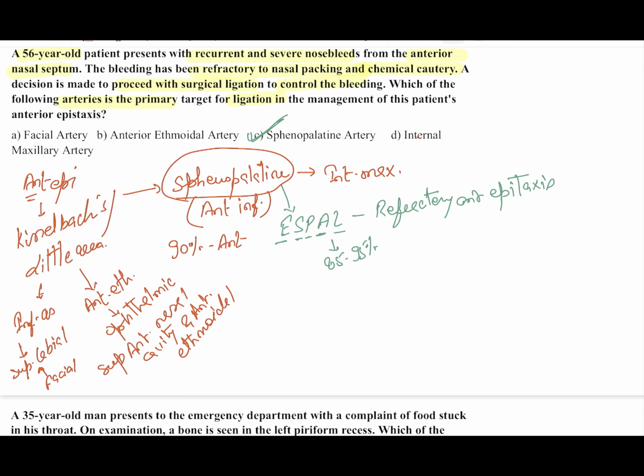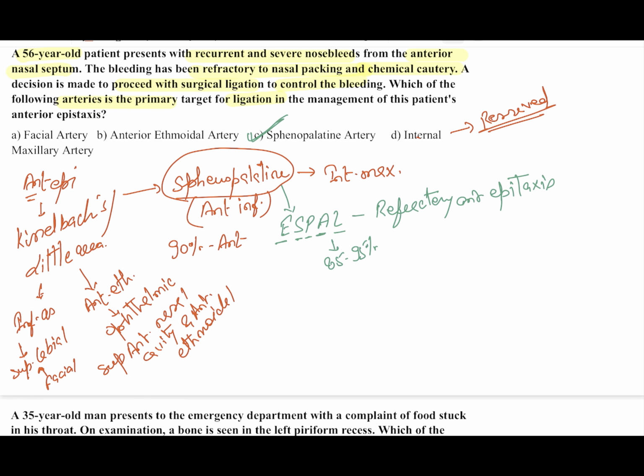Why not internal maxillary artery? The internal maxillary artery gives the branch sphenopalatine. So why are we not doing this? Because this is reserved for cases where sphenopalatine arterial ligation has failed or is technically difficult.